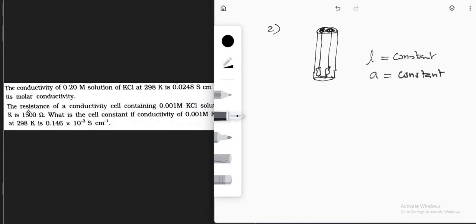Therefore L by A, distance by area, numerator is a constant, denominator is also a constant, so L by A is also a constant, and that constant is called the cell constant. This apparatus is what we call a conductivity cell.